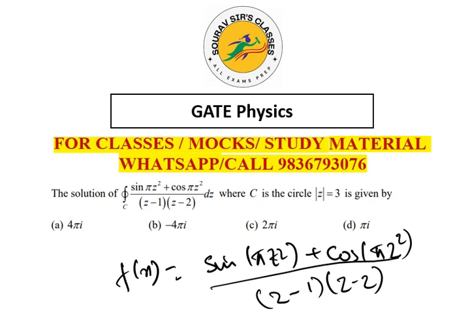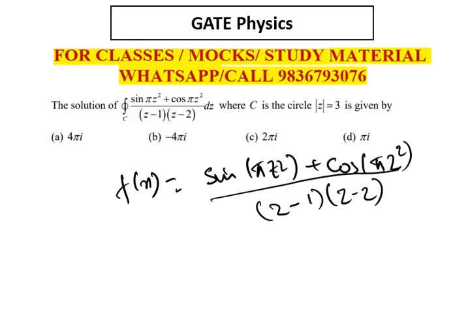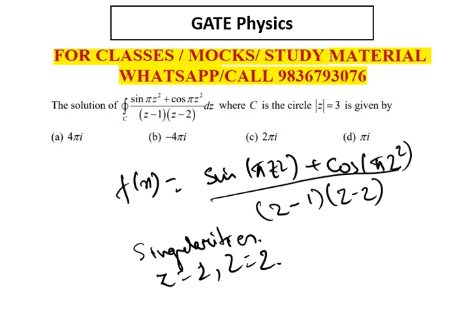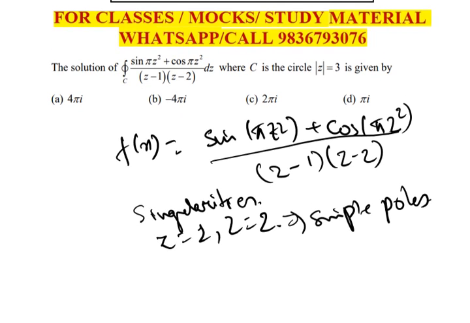So the function has two singularities, at z equal to 1 and z equal to 2. Both are simple poles, right? So we will use the residue theorem.